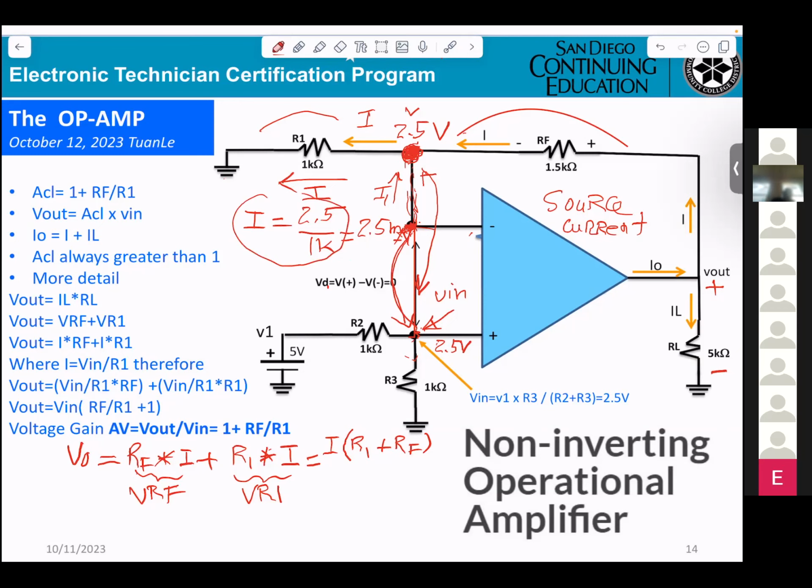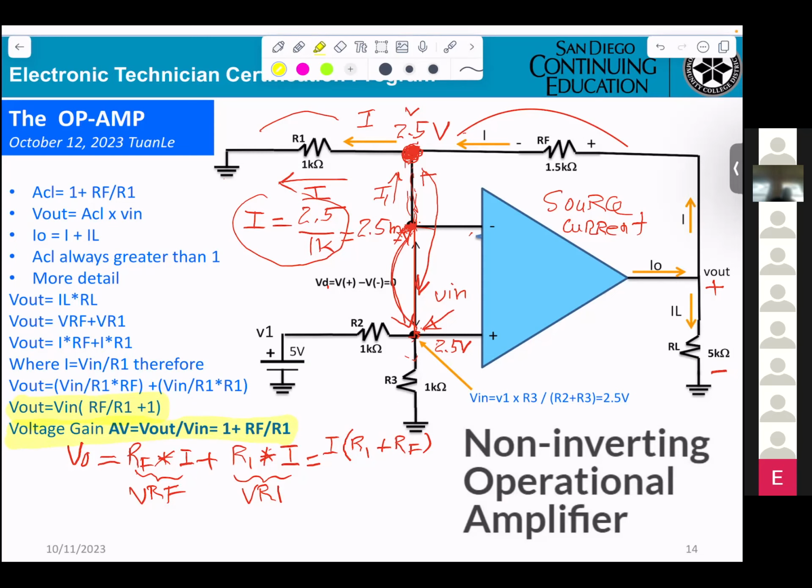So finally, this is the formula: V out equals V in times 1 plus RF divided by R1.